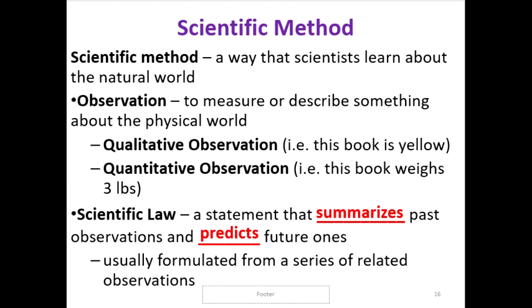In chemistry, because we may have some exceptions, we may call them theory. I'm going to talk about it a little bit later, and I don't want to confuse you right now. So this is a definition for law. We can summarize the past observation and we can predict the future ones.